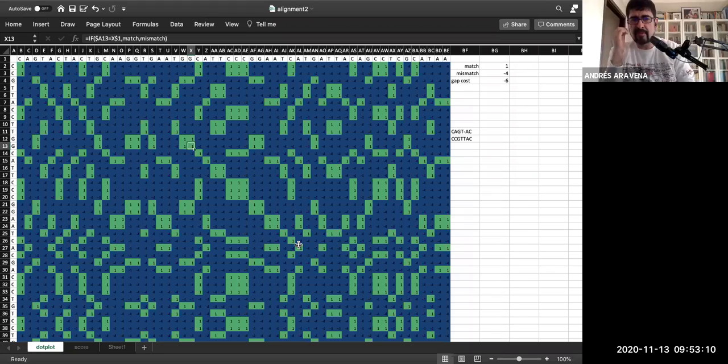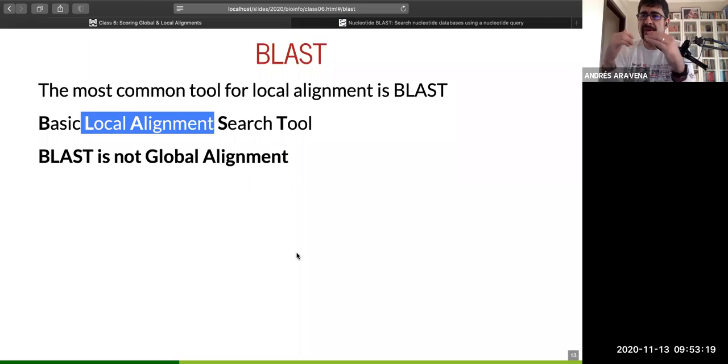That means the following. You will have BLAST results even in sequences that are very different. The only thing that they need to have is something in common. For example, let's say that humans and chimpanzee or gorilla are very similar.